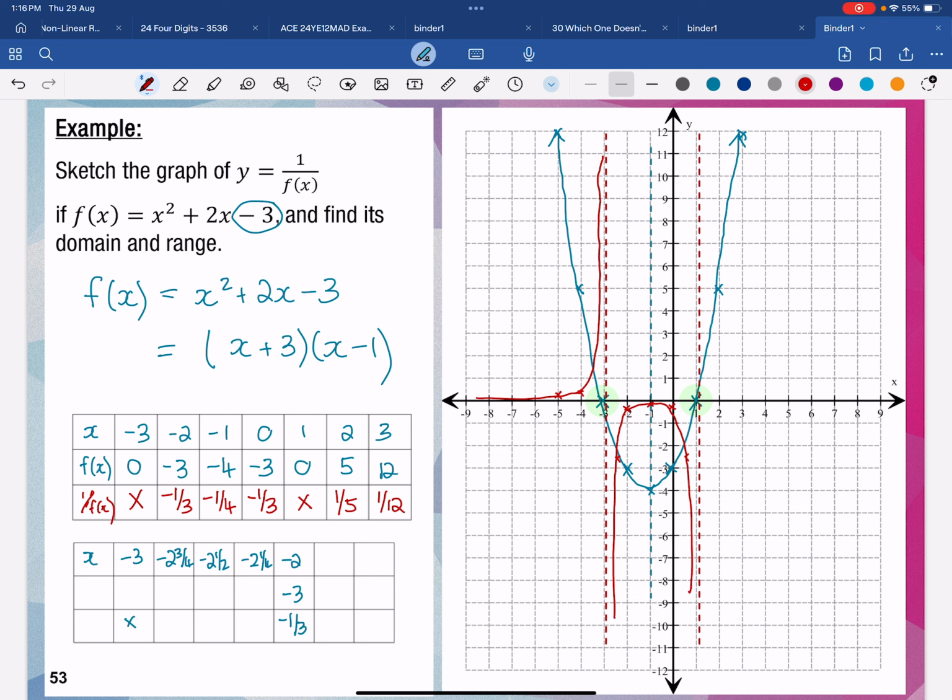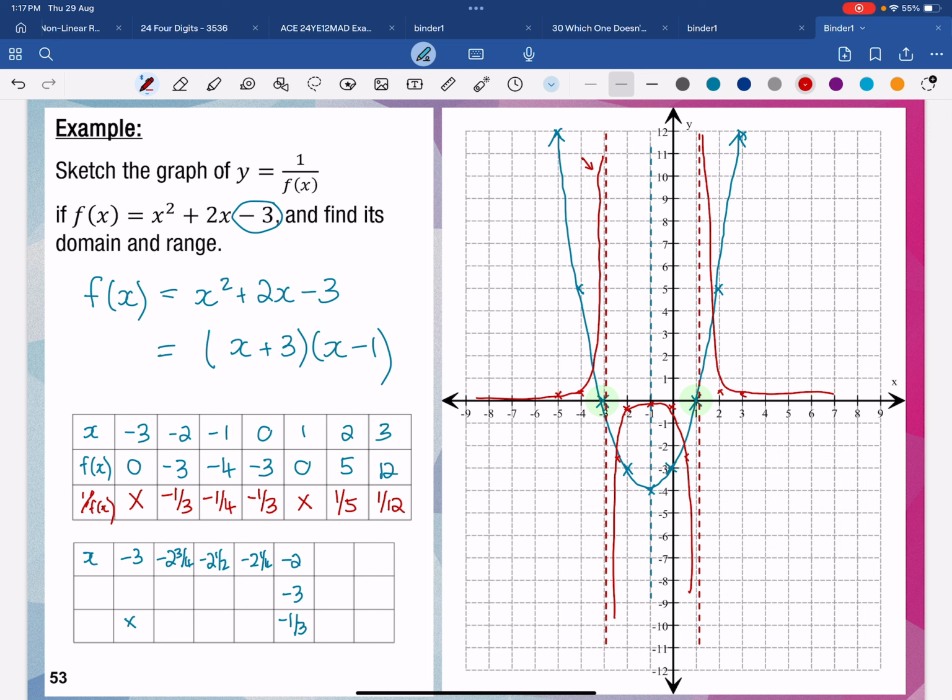And because of the symmetry of our original function, okay, so bad things happened there. Let's just ignore that. And we've got the same thing happening on the other side. So the values I got were not terribly useful to sketch, but they are what they are, and that's what happens with reciprocal functions.